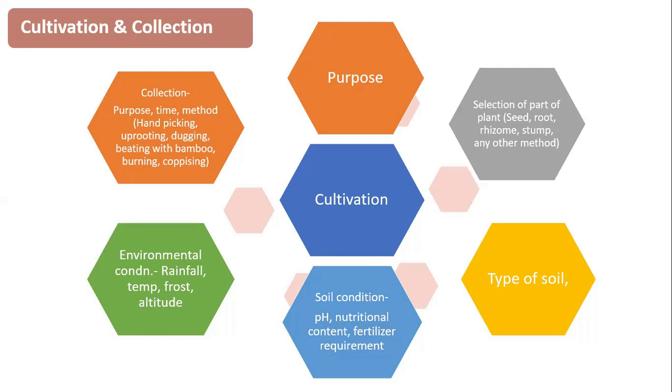Now the next one is cultivation and collection. So friend, why are we going to cultivate and collect? Suppose an example: you develop a turmeric cream. For that there is a need of turmeric as such. Okay.